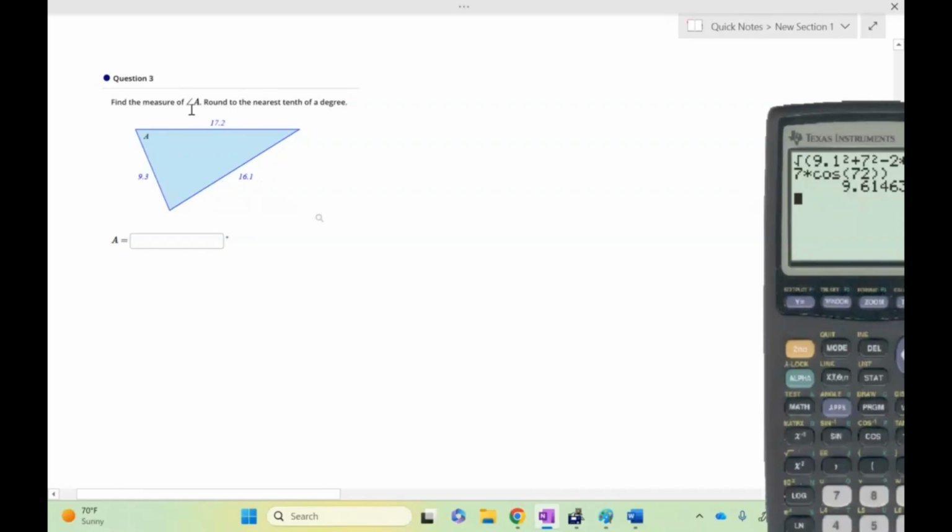So this says find the measure of angle A, round to the nearest tenth of a degree. All right, so it doesn't tell us which set of formulas to use. Notice that we're given the length of all three sides. So this is a side side side, the last case.